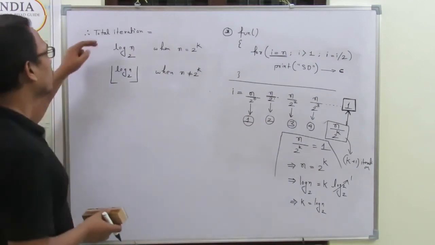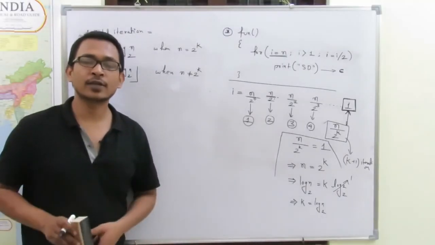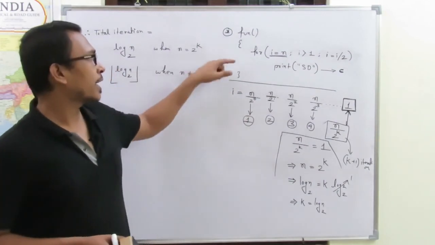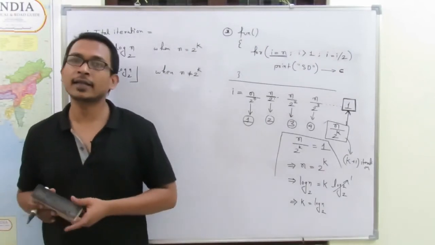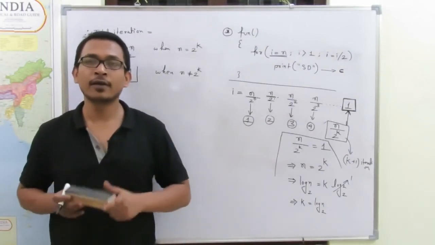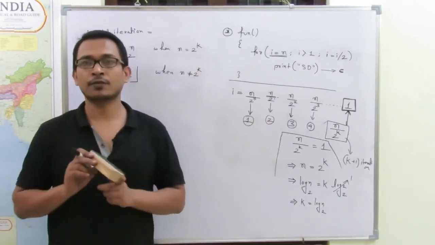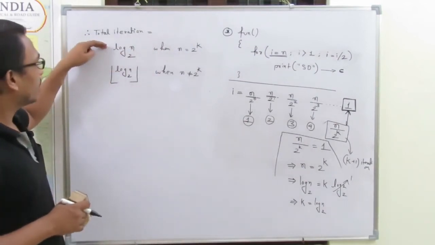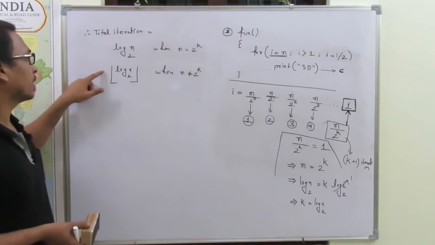Now which one to use and which one not to use depends on the options. Look, whenever this kind of problem is given in an exam, in the GATE exam, you will have the options, and based on the options you have to select the correct answer. If this option is given, this one will be the answer. If this option is given, this will be the answer.